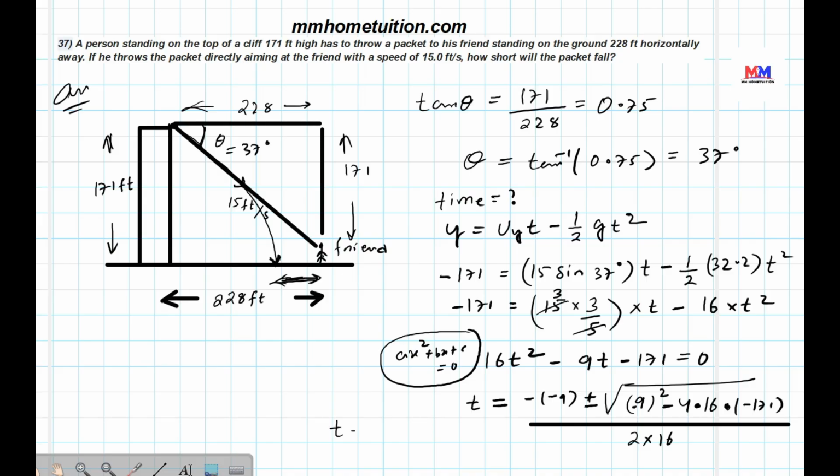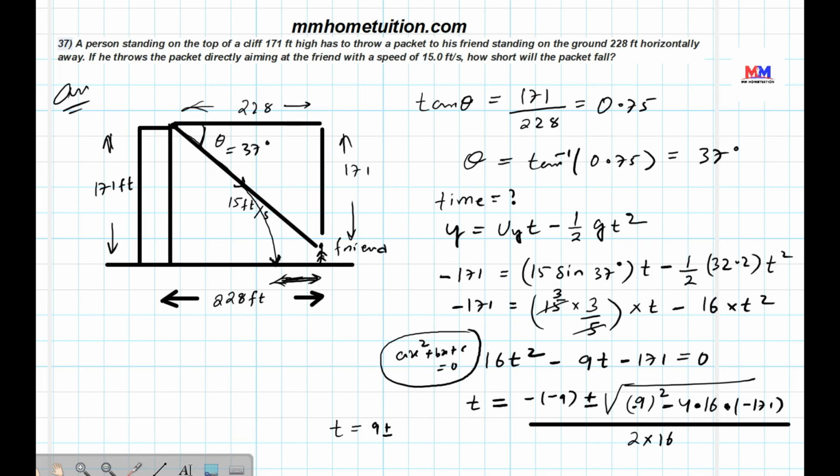T equals 9 plus minus root over of 9 square minus 4ac. So this is 171 into 16 into 4, that is 10,944, plus 81. So that is 11,025. Root over of 11,025 is 105.